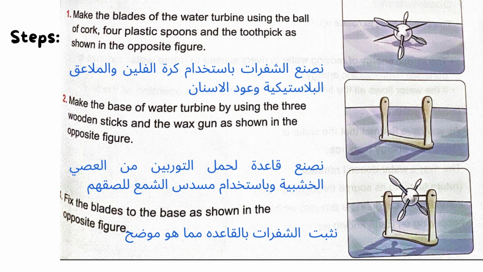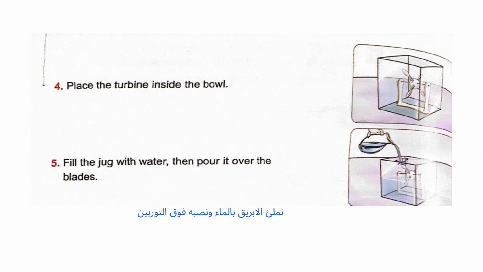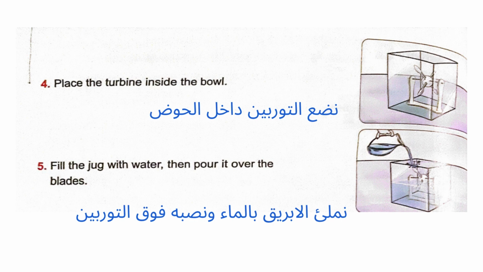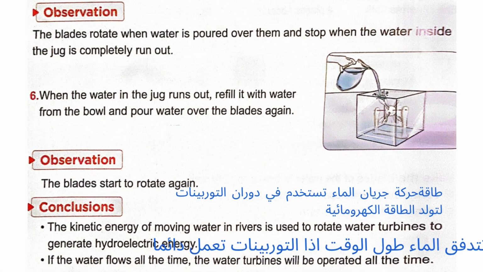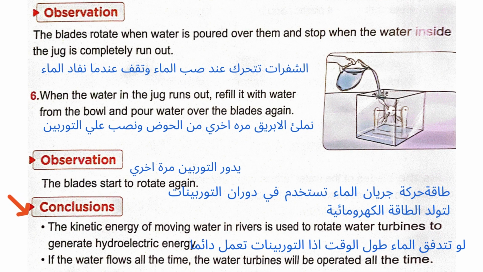Then we will make the base of the water turbine by using the wooden sticks and the wax gun as shown in the opposite figure, and we will fix the blades to the base as shown here. So here we make the water turbine. Now we will place the turbine inside the bowl, and then we will fill the jug with water, then pour it over the blades. So what do you think will happen? We will observe the blades rotate when the water is poured over them.